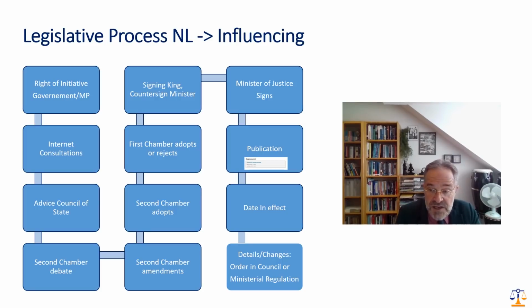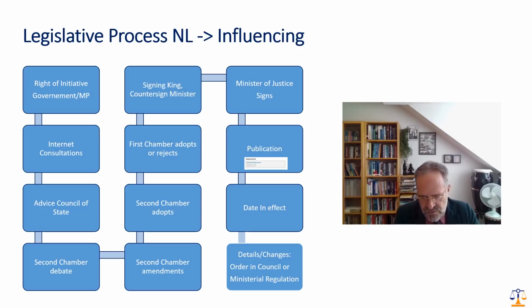In the publication will be stated when the law becomes effective, but there are pieces of legislation which contain elements which need to be changed from time to time. Think, for example, of an interest percentage.